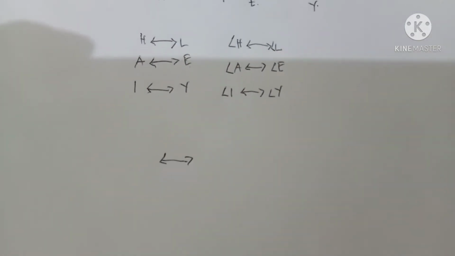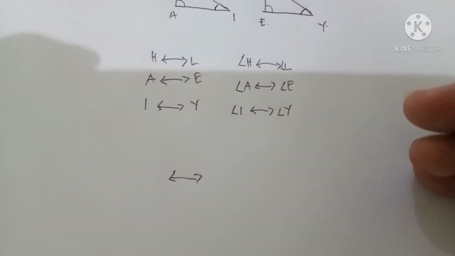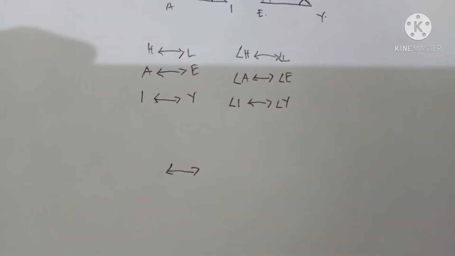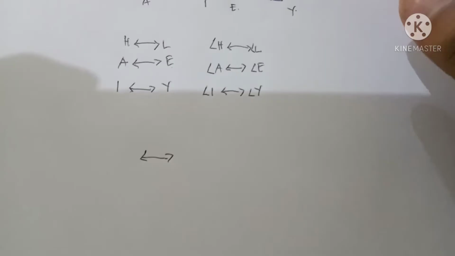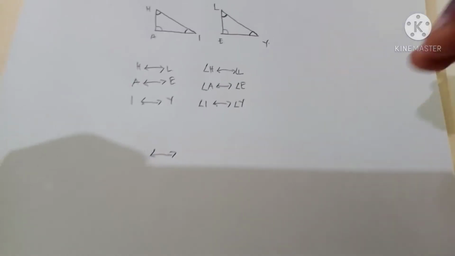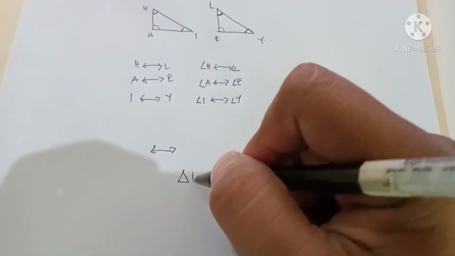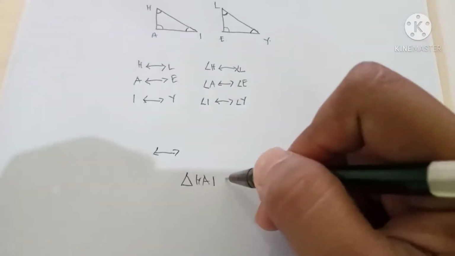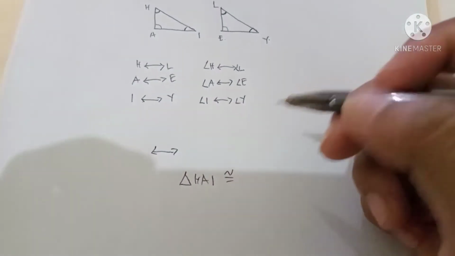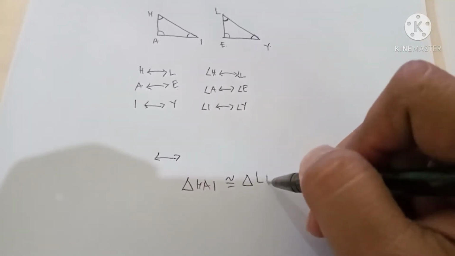Therefore, the corresponding parts of the triangles are congruent, and you say that the two triangles are congruent. Okay, so two triangles are congruent. So we can say that triangle HAI is congruent to triangle LEY.